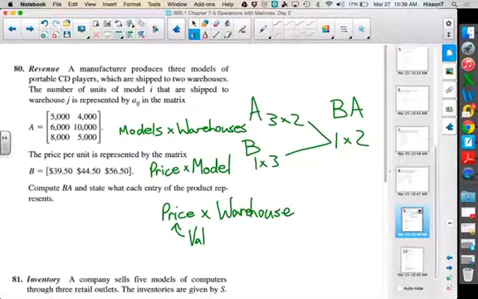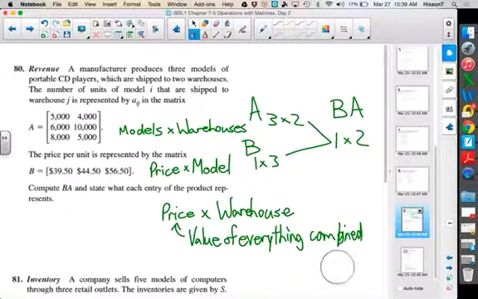The value of everything combined at each warehouse. So, being able to interpret your answer is important.